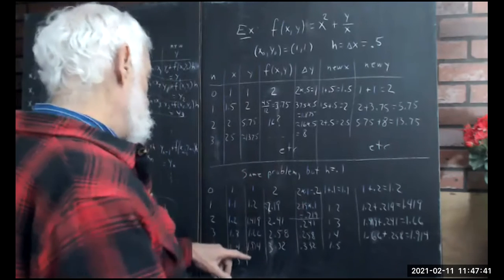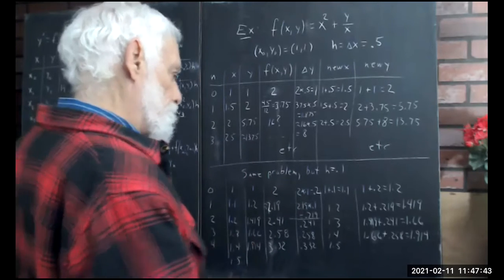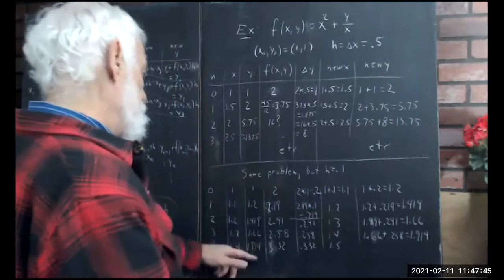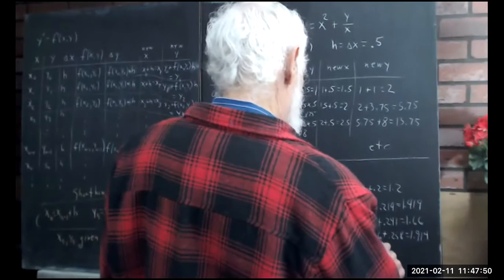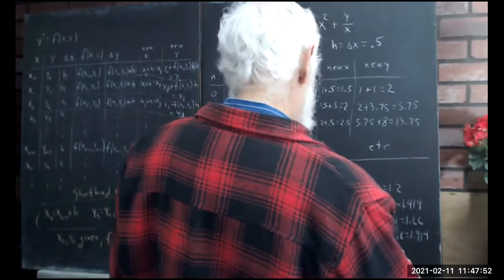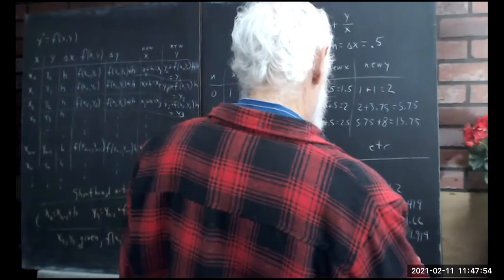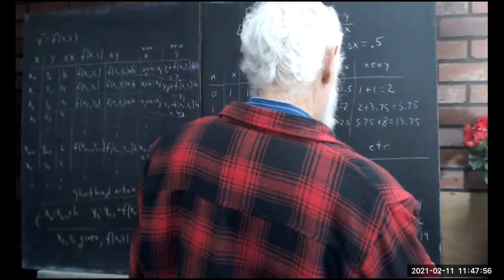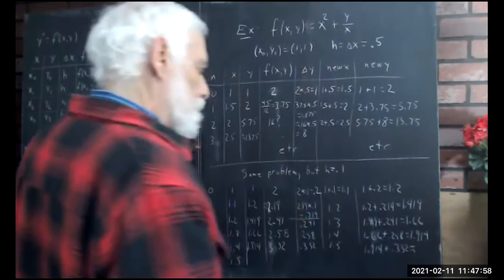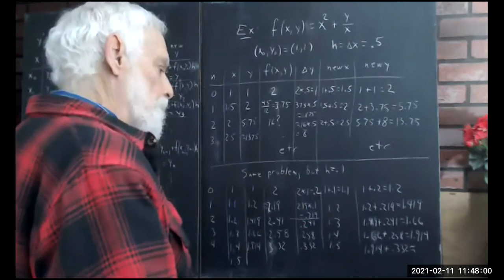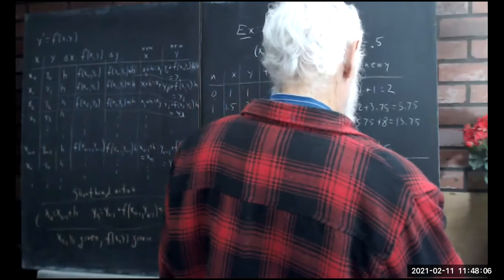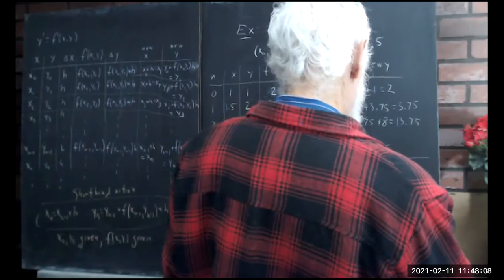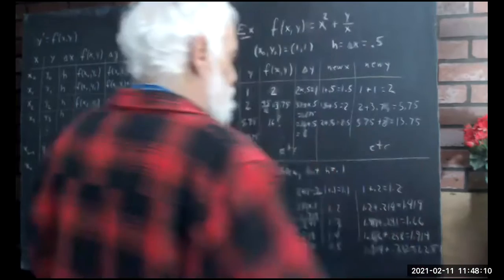previous value of y, which was 1.66. No, that was there. It's 1.914 plus 0.332, and that's going to be approximately 2.246, but I'll say 2.25.